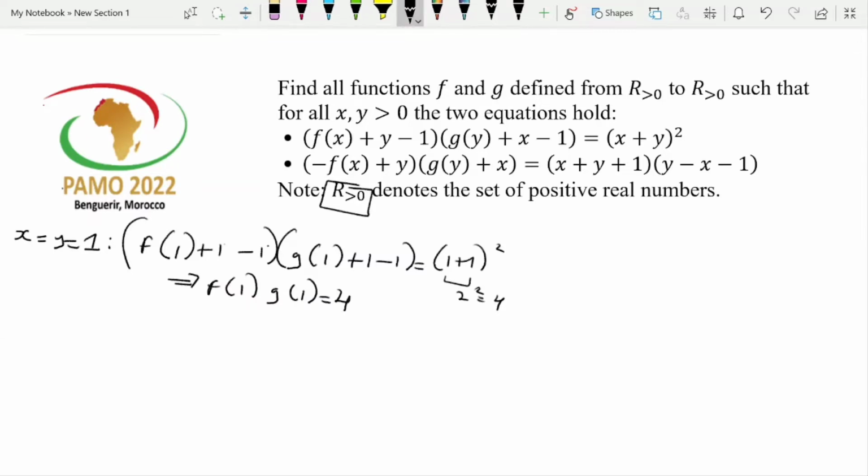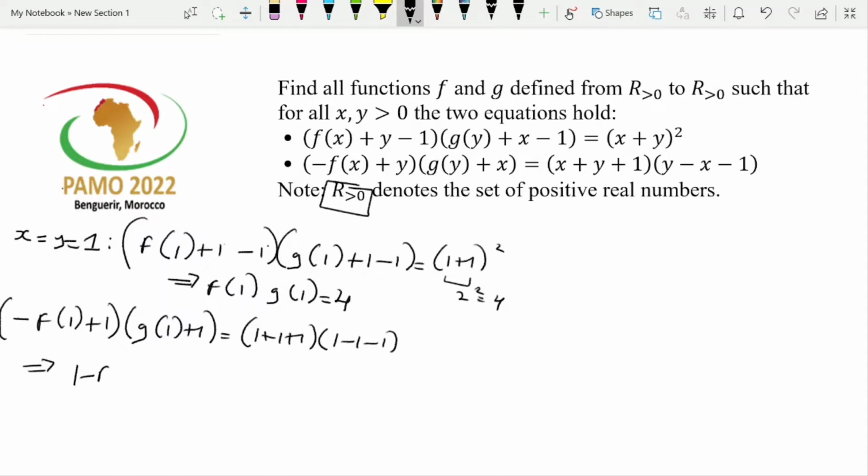Then for the second equation, if you substitute, you have (1 - f(1 + 1)) times (1 + g(1 + 1)) equals (1 + 1 + 1) times (1 - 1 - 1). This means (1 - f(1)) times (1 + g(1)), and this is 3 times minus 1, which is minus 3.